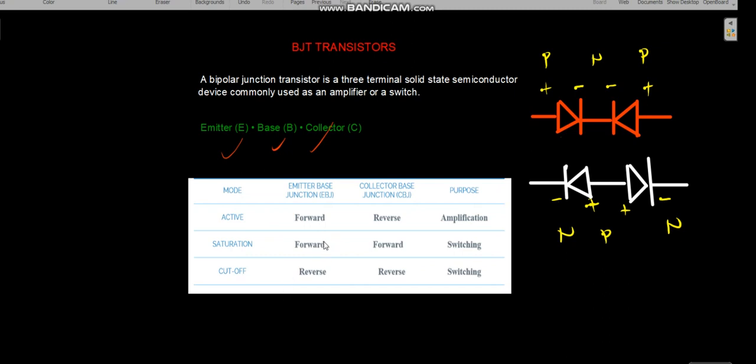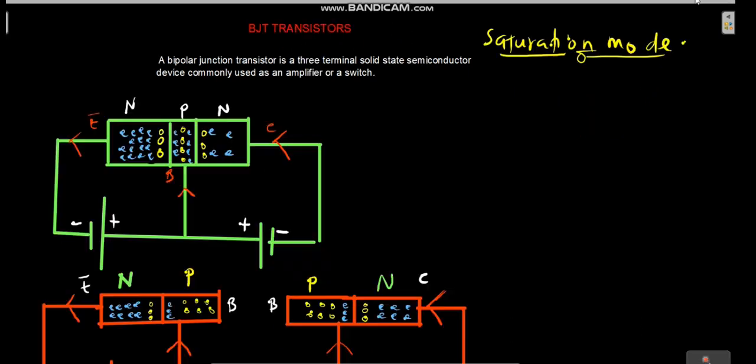But in these videos, our main focus will be on the saturation mode of operation. Let's look at how the transistor is operated in the saturation mode, starting with the NPN transistor.